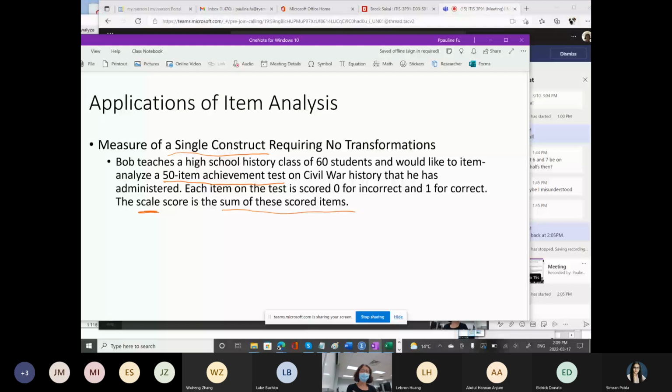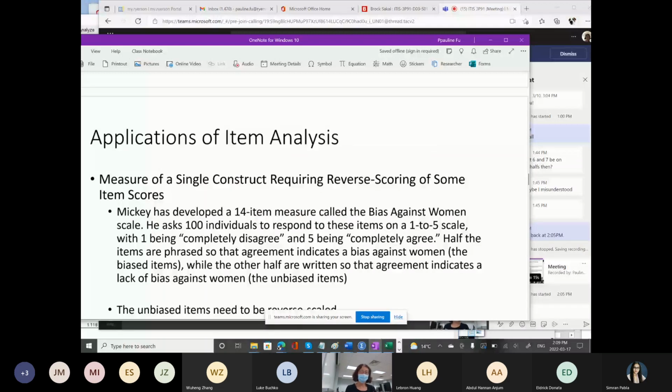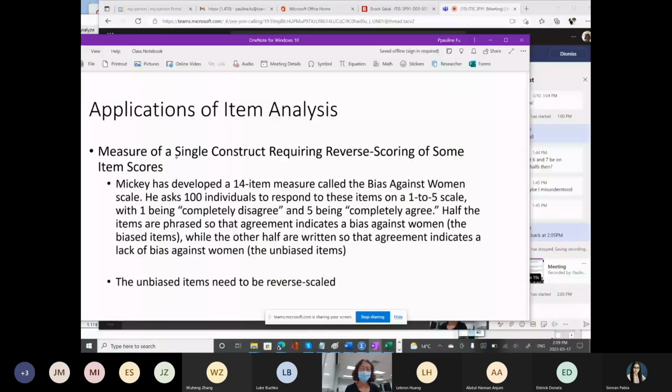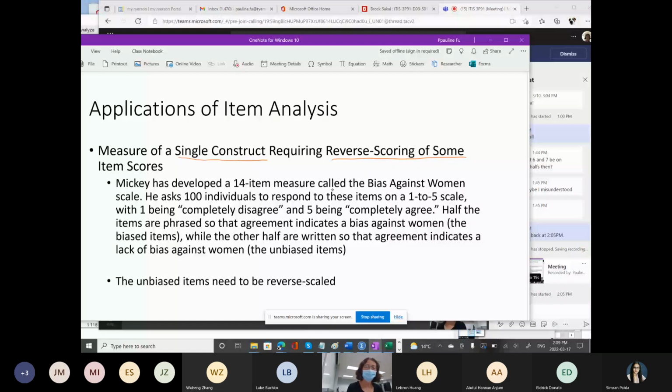In this example, we need to reverse some items, but it is still a single construct. Mickey has developed a 14-item measure called bias against women. Those are the scale.